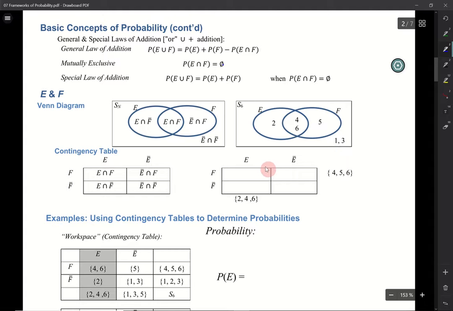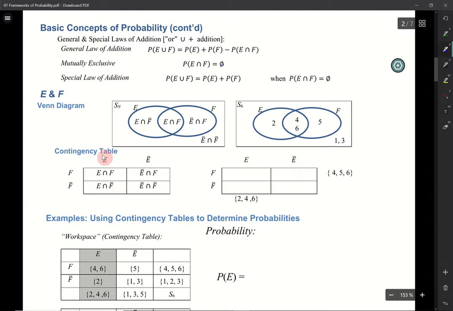So it turns out that there's another useful way to help you visualize or handle or deal with probabilities, and that's a contingency table. Okay, so this is what a contingency table is. The contingency table is basically the same view as the Venn diagram, but it's tabular. It's like a table.